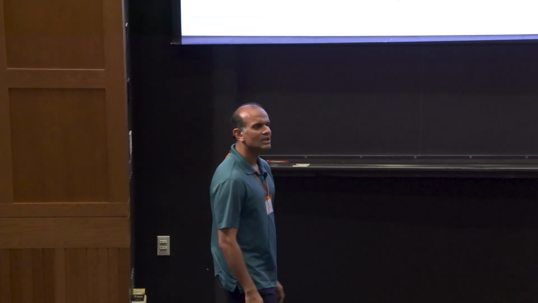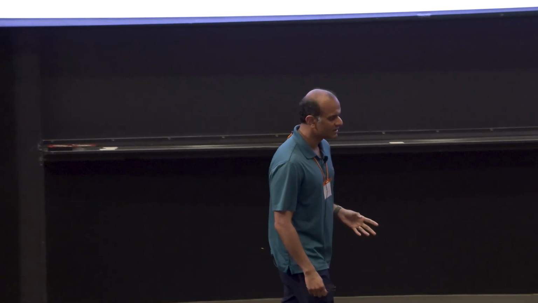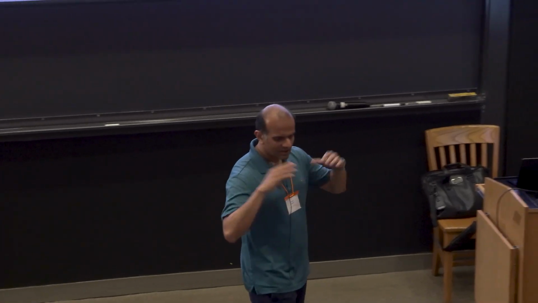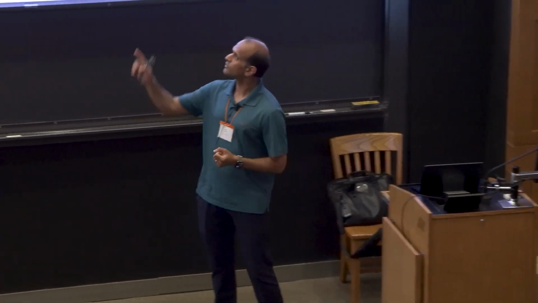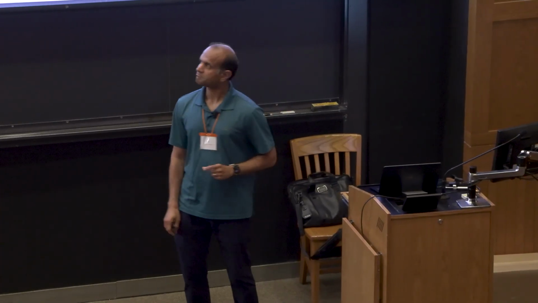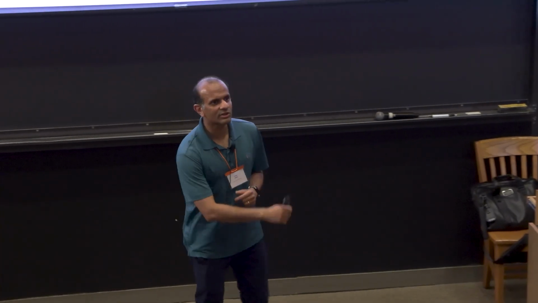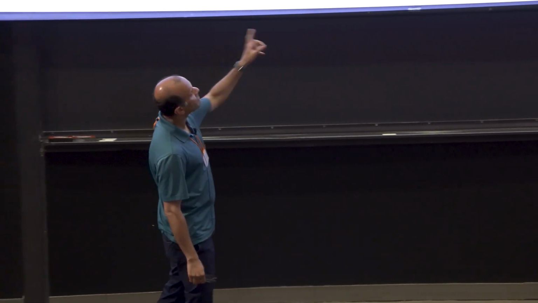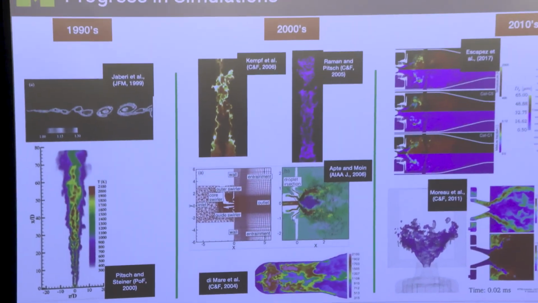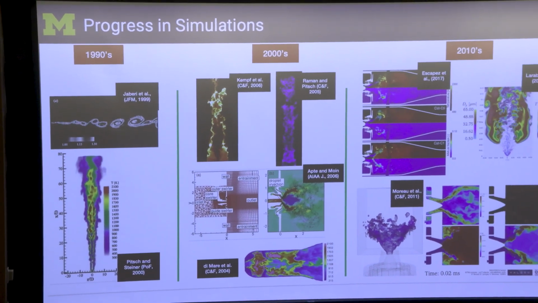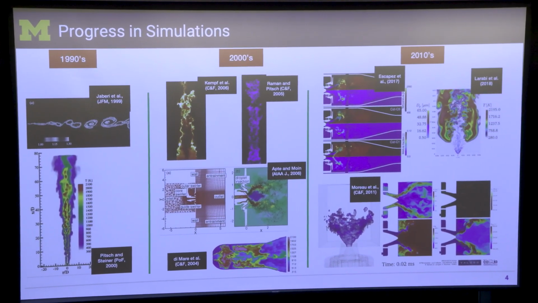Because at that time, we did not have enough insight into the physics. We did not have complex laser diagnostics. We could measure very simple things at that point. So simulations like that were very useful. But as you go further out, you can see that those simulations approach practical devices quite rapidly. By the 2000s, in fact, this picture here in the middle that says Apte and Moin, that's a landmark simulation.